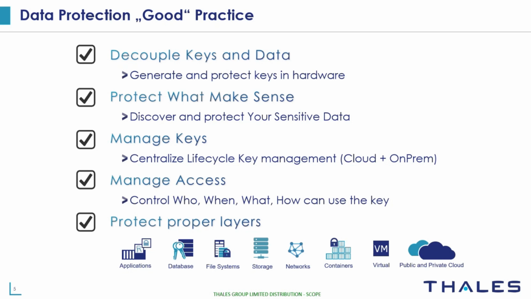I'm an engineer, and my experience says this point should say protect at the possible layer, because in most cases we enter the customer environment when the solution is already in place, and we have to apply encryption. Sometimes it's really hard to apply encryption in ready-to-use solutions. So, as I said, protect the possible or proper layer. In most cases, it appears that the network is the so-called proper layer.